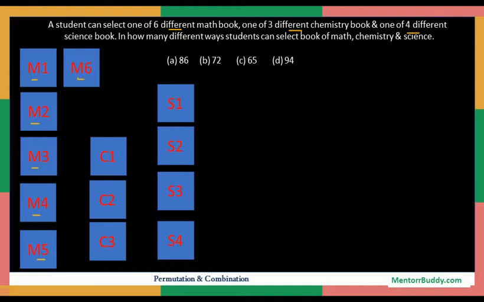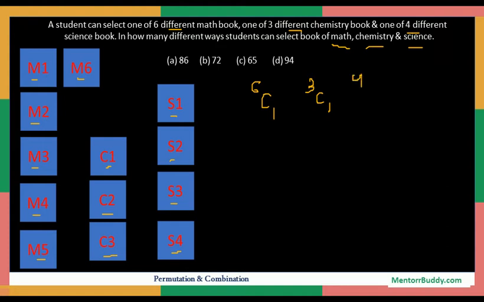The chemistry books are C1, C2 and C3, and the science books are S1, S2, S3 and S4. Now I have to select one book each from math, chemistry and science. Selecting one book from 6 math books is 6C1, one from 3 chemistry books is 3C1, and one from 4 science books is 4C1.